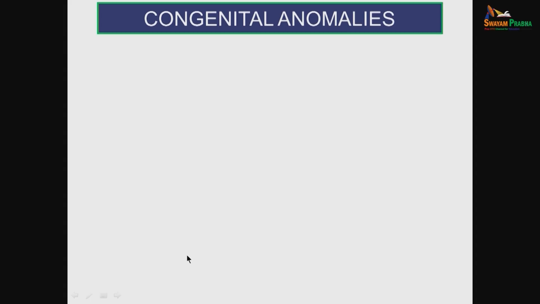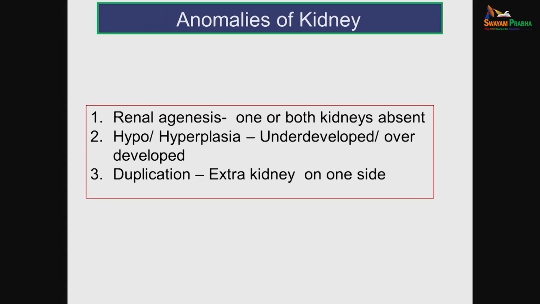So, having completed the development of kidney, ureter and bladder, we will look at some of the congenital anomalies of the urinary system, that is kidney, ureter and bladder, which is the third objective of our class. To mention some of the anomalies of the kidney, first is renal agenesis.